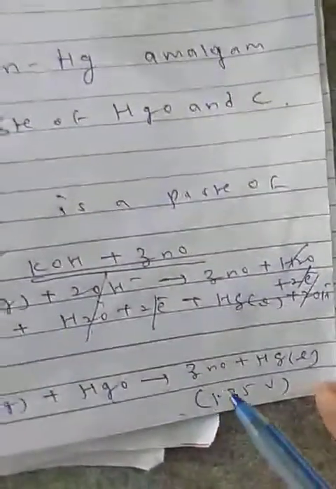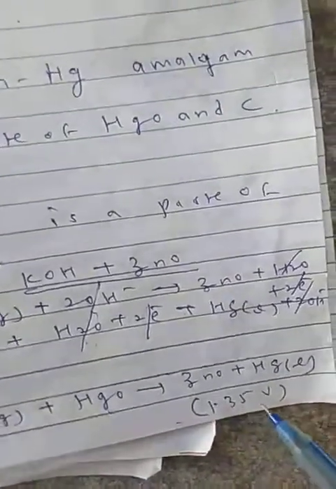So it produces a cell potential of 1.35 volt.